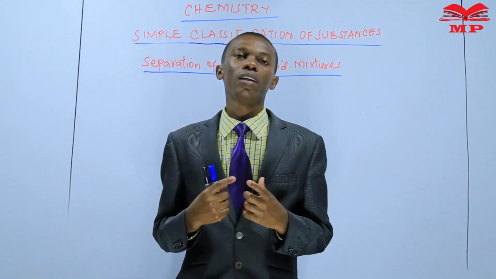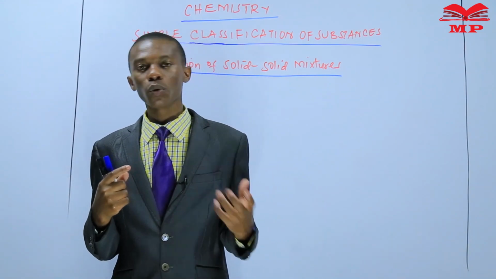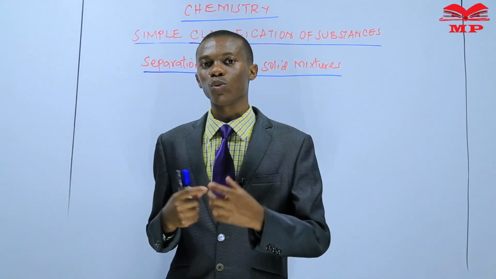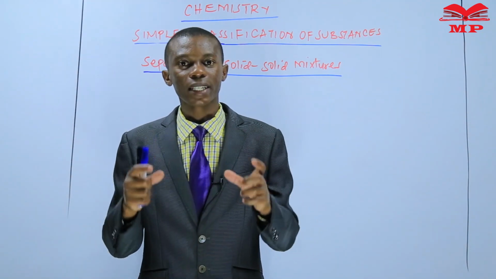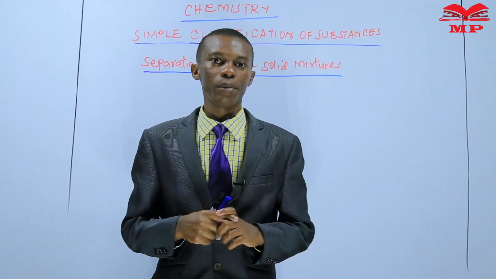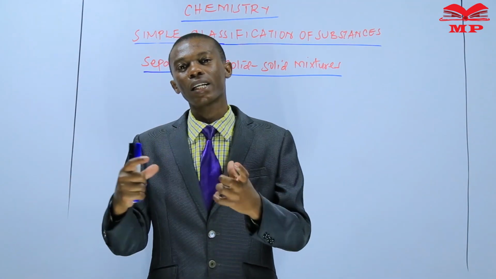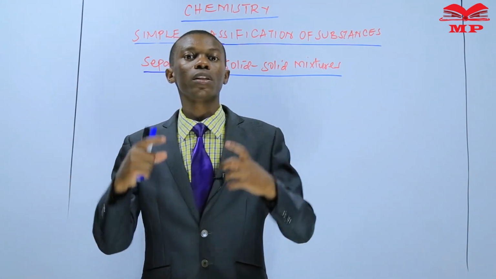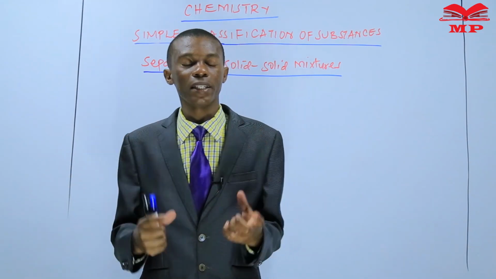For example, if you have maize and beans, I told you you cannot use a magnet to separate the two because they don't have that characteristic which will help you separate the maize and beans using that magnet, because use of a magnet requires substances which are magnetic.